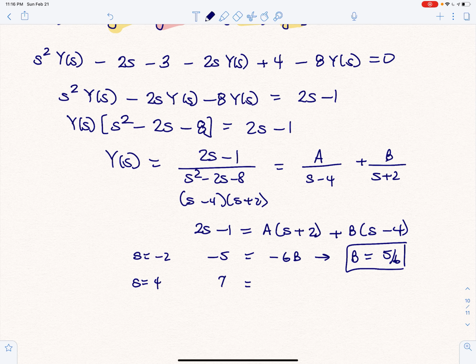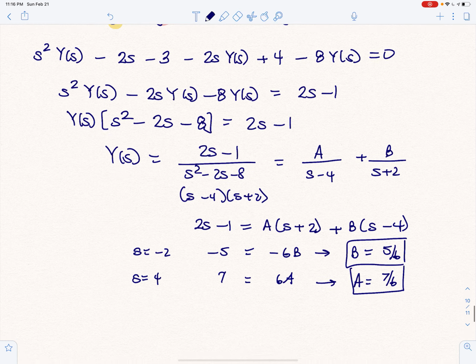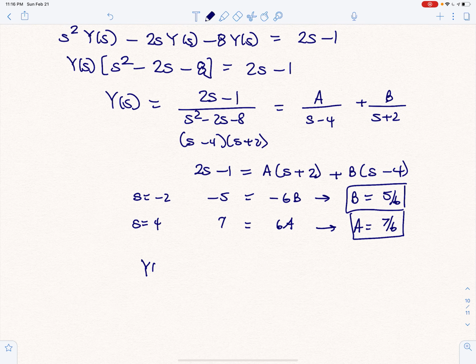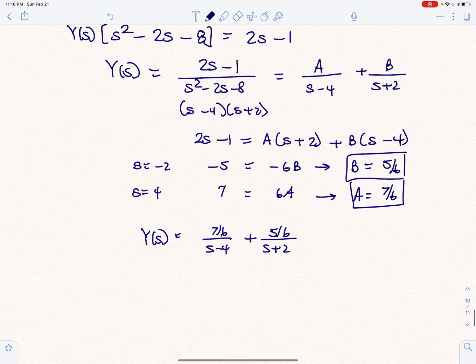We have 4 plus 2 times A, which is 6A, and the B term drops out. So we have A is equal to 7 over 6. So that means that Y of s is equal to 7/6 over s minus 4 plus 5/6 over s plus 2.